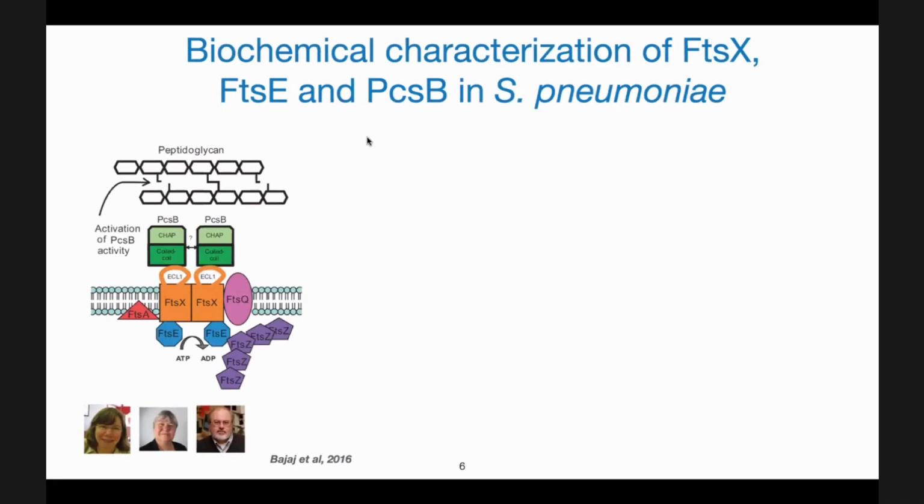The Winkler lab had shown an interaction between FtsX, PcsB, and FtsE, which are essential proteins in Streptococcus pneumoniae during the cell division of this pathogenic bacterium. We wanted to reconstitute this system in vitro. I challenged the literature: FtsX, a membrane protein, was found to be toxic when expressed in the membrane.